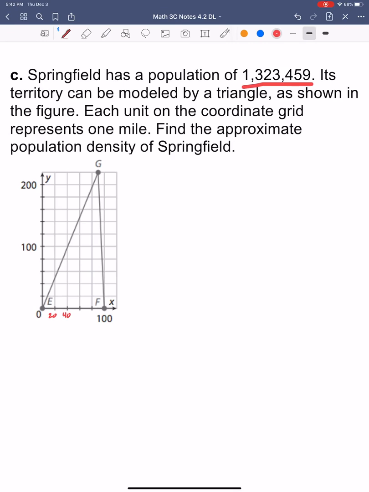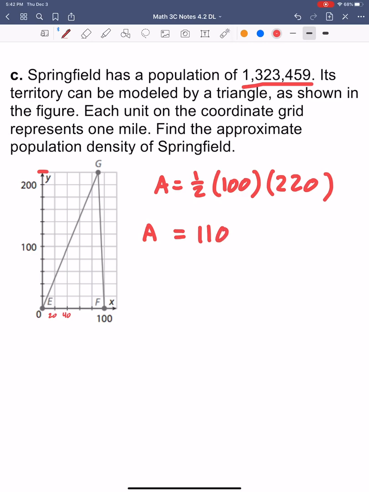So we know we can find the area by using 1/2 the base, which we can see is 100. Right, length of 100, and it looks like the height goes up here to 220. And then we'll go ahead and evaluate that, and we'll end up with 11,000.